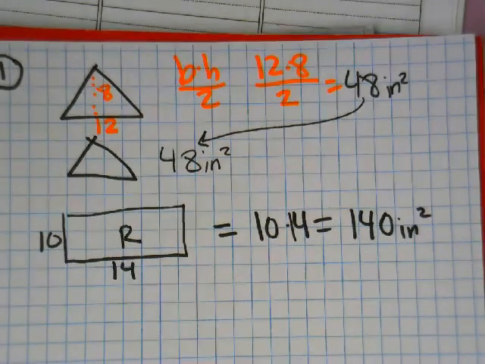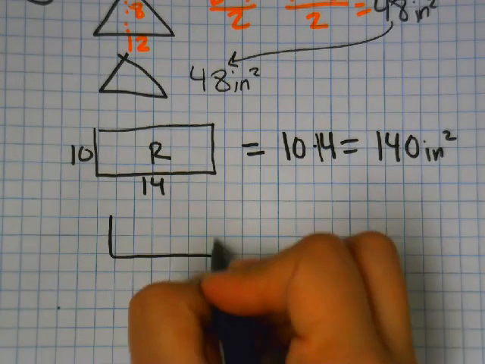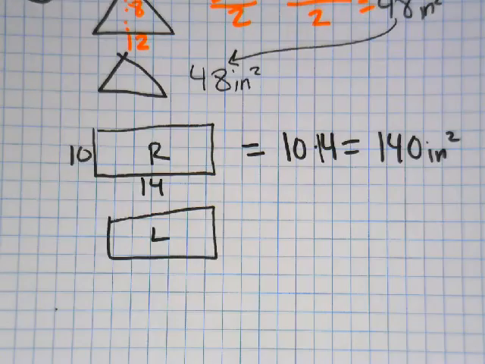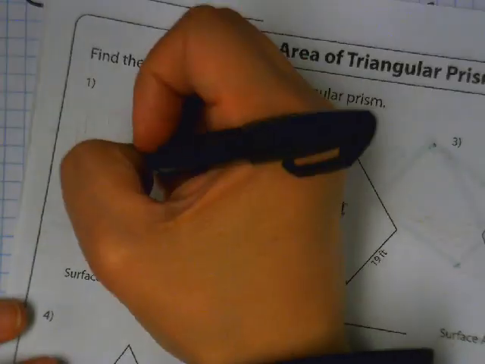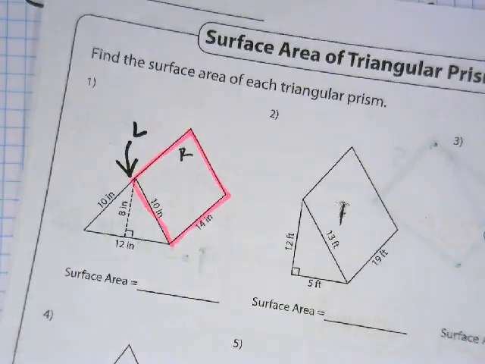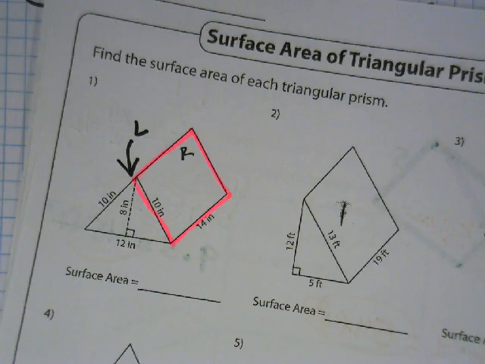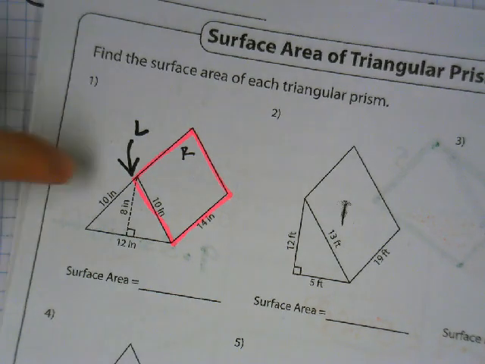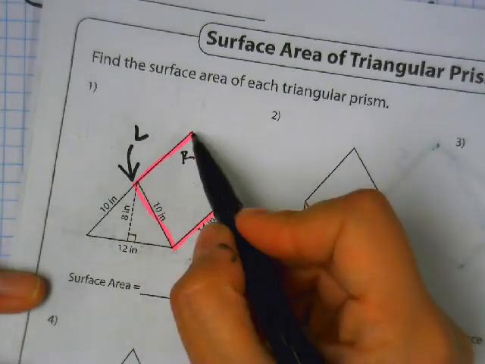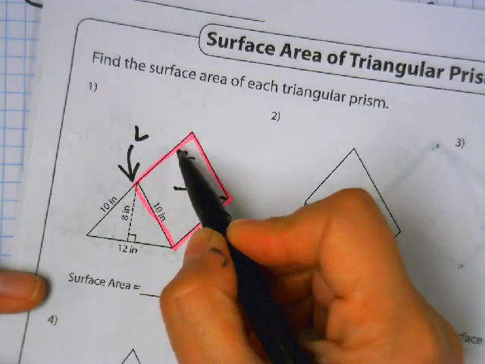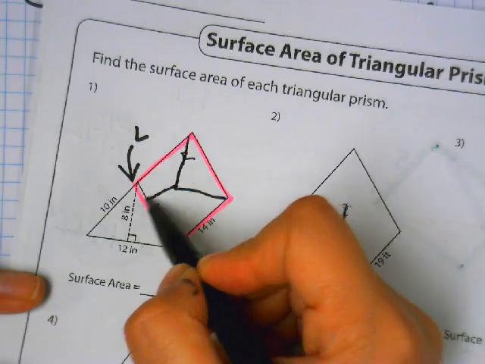Okay, now my rectangle on the left. It's the same thing. Why is it the same? Because the side is about 10 inches and the bottom is 14 inches. If we sketch it out, it's this part over here.